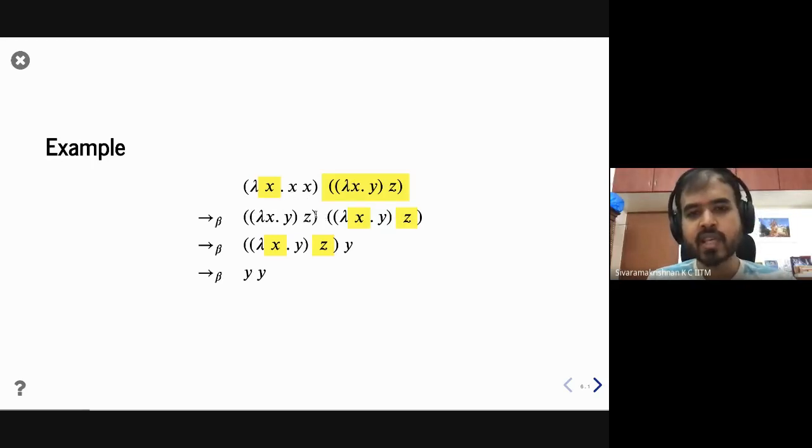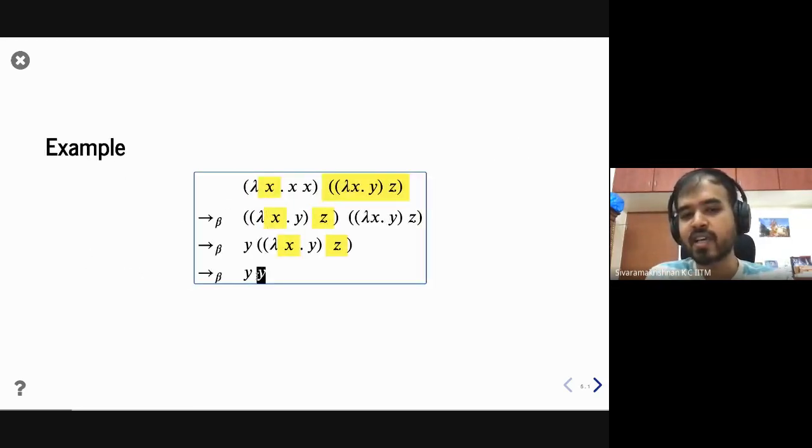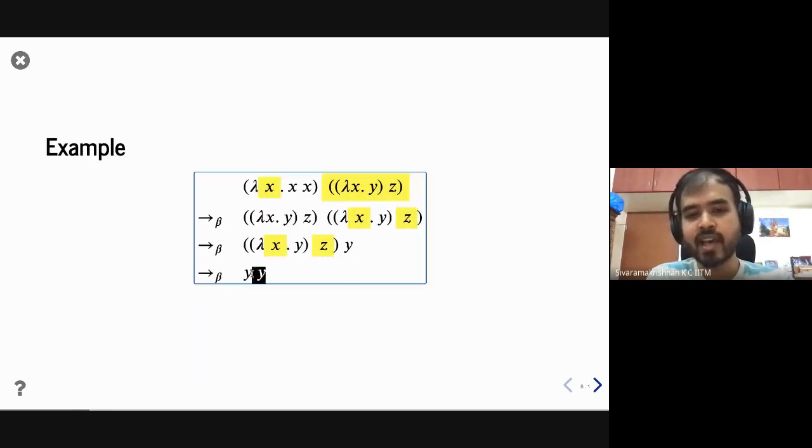Then instead of reducing the function argument, I'm reducing the value argument. So this returns y, and then I reduce this term. So I get yy. The thing that you need to keep track of is I'm always arriving at yy, and this is also yy.